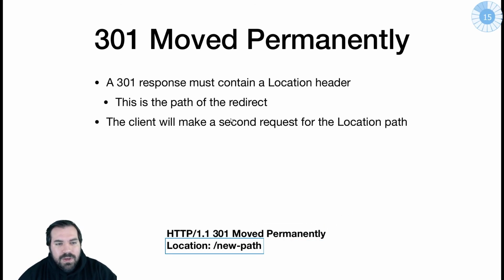When a 301 is returned, the client makes a request, gets our 301 in response. When they read this location in the 301 response, they're going to make a second HTTP request for the new path. So there's going to be a brand new request to your server. Your server won't even know that that request was made after a redirect.